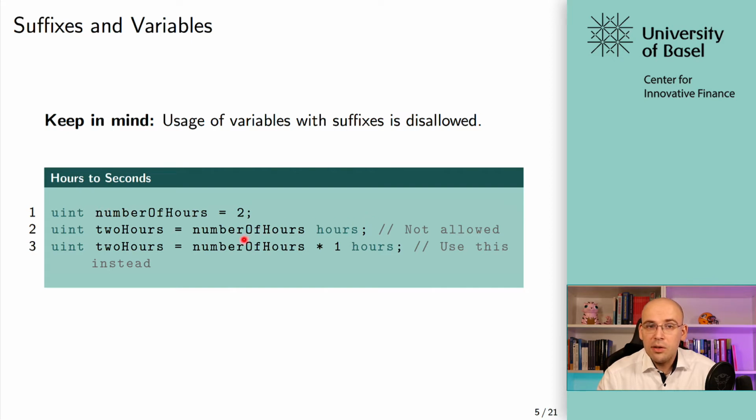You could use the 2 directly, of course, but as soon as you have a variable here, then you want to follow it up with a keyword, you need an additional step, and it's quite easy. You just have this times symbol, this little asterisk right here, 1 and then hours. So you cannot just use the keyword directly, just make it times 1 and then the keyword, and then it will work just fine.